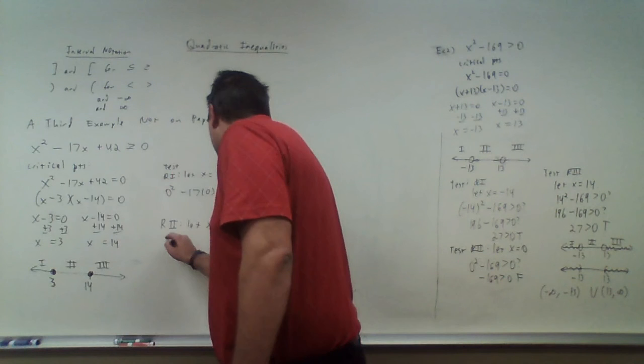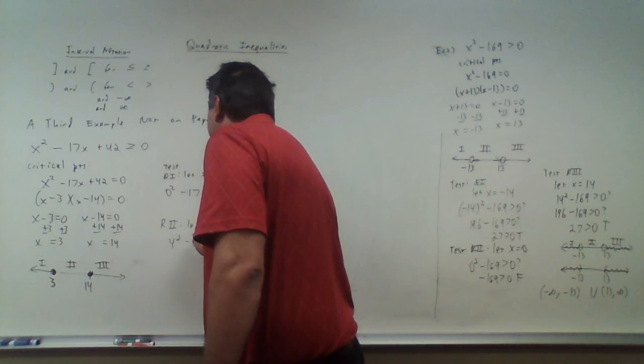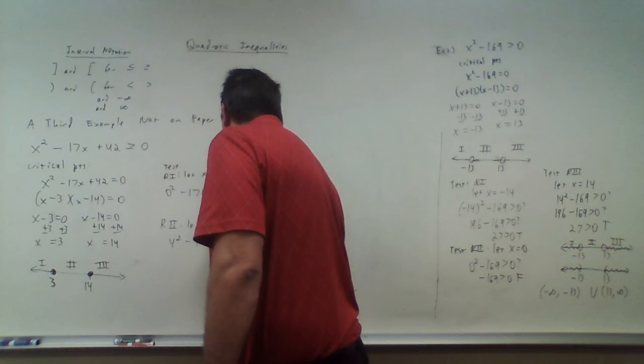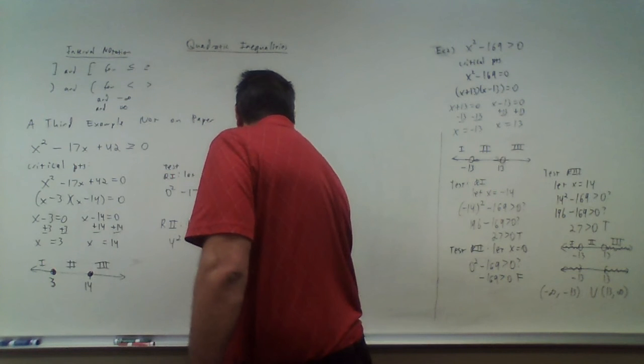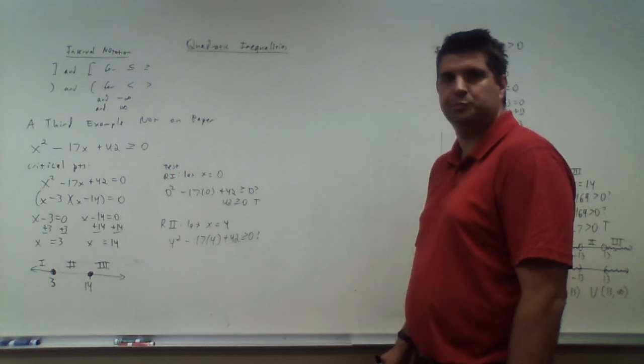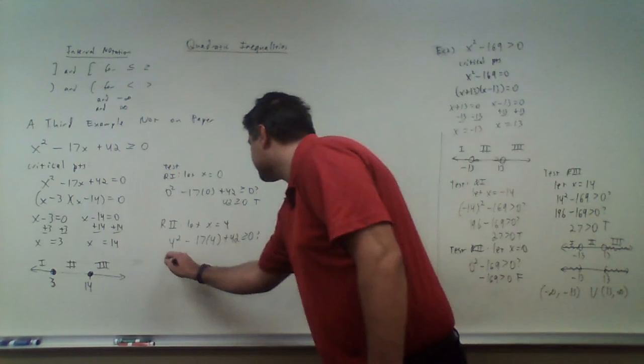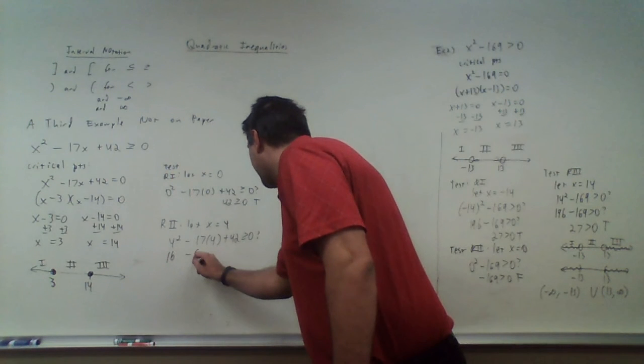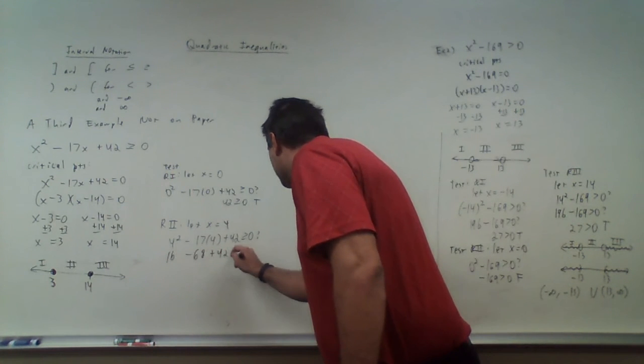So I want to know if 4 squared minus 17 times 4 plus 42 is greater than or equal to 0. That's 16. That's negative 68. That's 42.